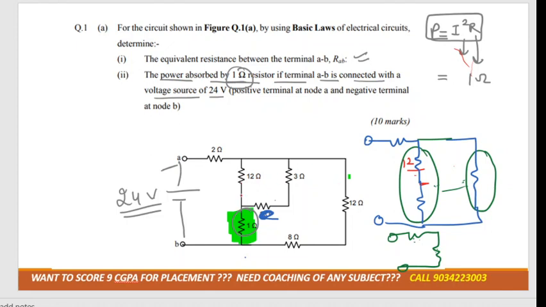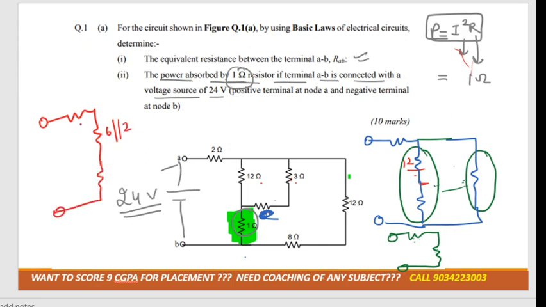Like I told you, the circuit diagram would become like this, and this is in series, that is 6 ohm. 6 and 12 is in parallel, right?